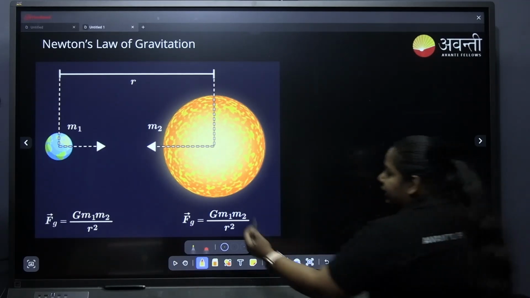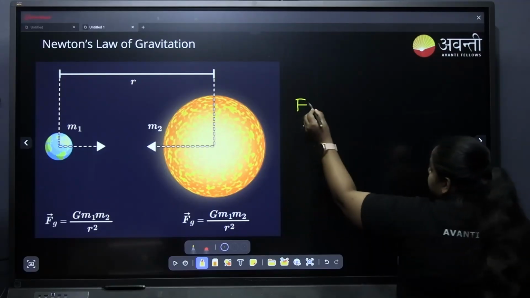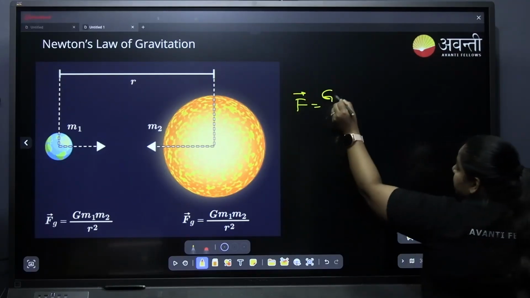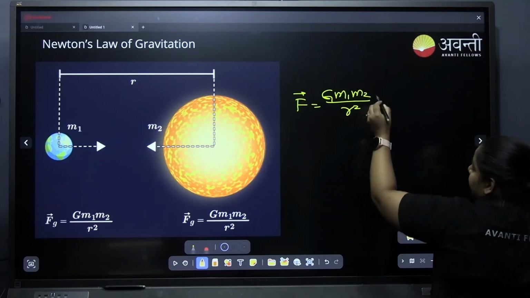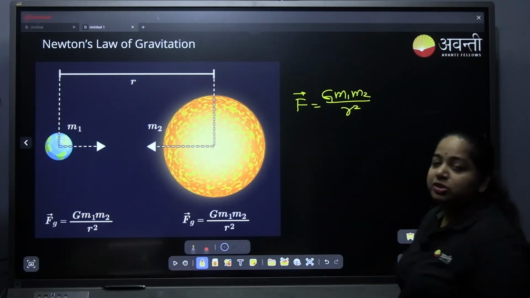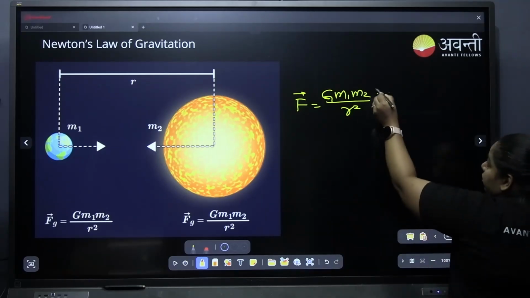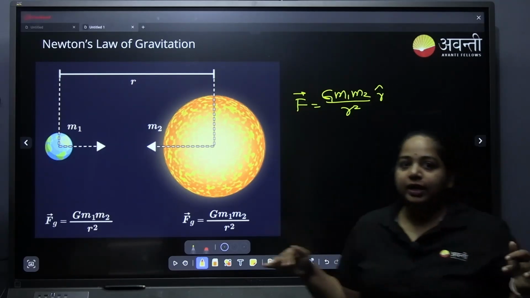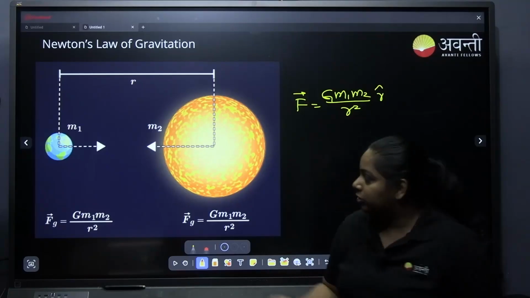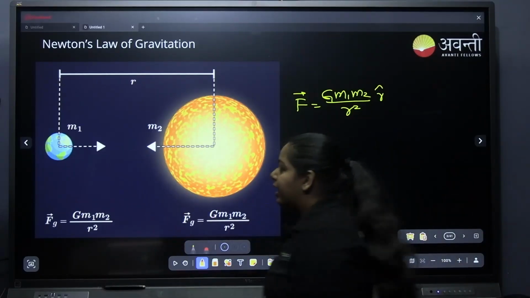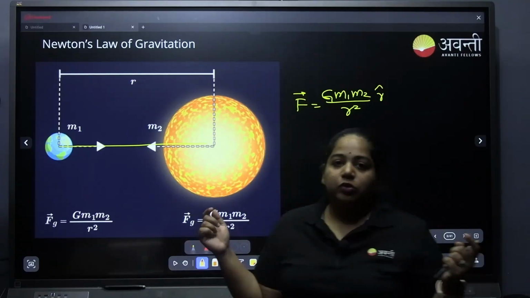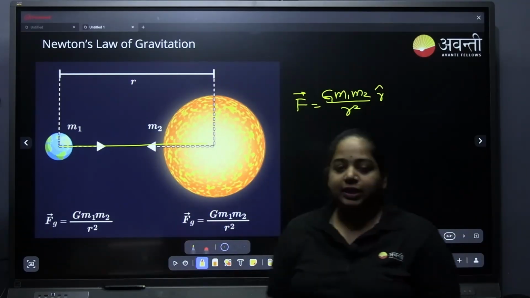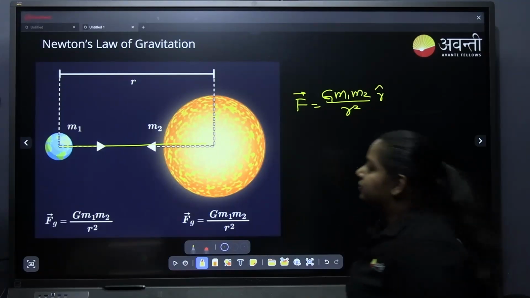From that we get this equation, F equals G m1 m2 by r squared, and the direction of this force will be along the line joining both of their centers. Okay, so if this is earth and sun and the line joining their centers is this, the gravitational force will act along that line. That is the direction of force.